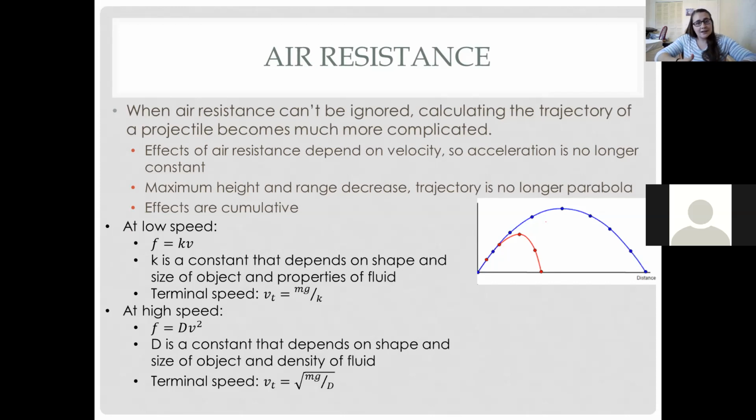So D is again a constant that depends on the size and the shape of the object, and in this case, the density of the fluid, hence D. And our terminal velocity is a little bit different now as well. It's the square root of the force of gravity, mg, divided by D. So it really depends on how fast you're moving, which is one of the reasons why it's so annoying.